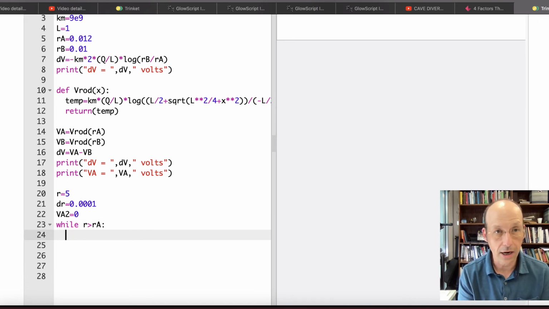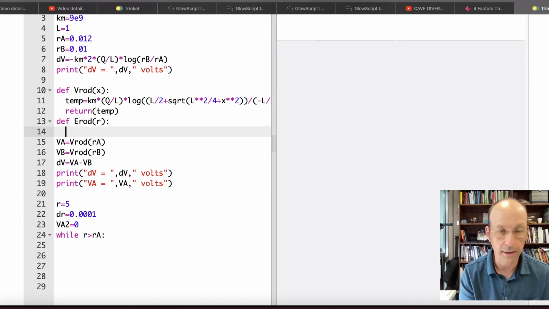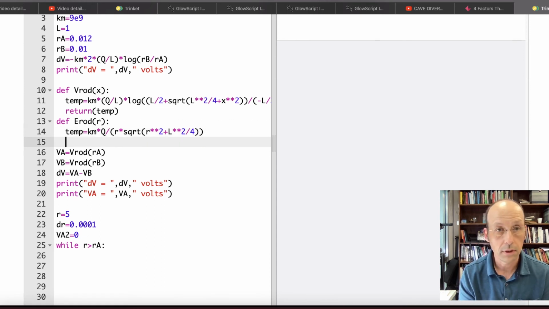Step 1, calculate the electric field. I guess I should define that too. That'd make it a little bit easier, right? Def E rod of R. And now I'm just going to type in the real equation. So it's going to be temp equals Km times Q divided by R times the square root of R squared plus L squared divided by 4. Return temp.